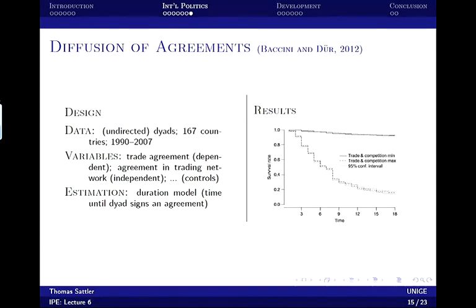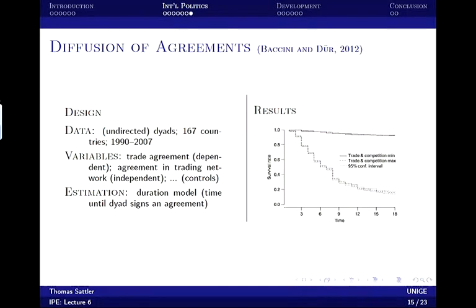I'm going to explain this to you. So this is the so-called survival rate. It's a bit the same like in medicine. So you give somebody a treatment and you look how long it takes until this person feels better or not, right? And here the treatment is a preferential trade agreement in that network.